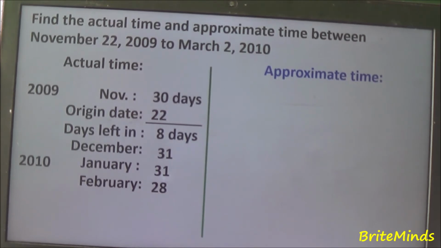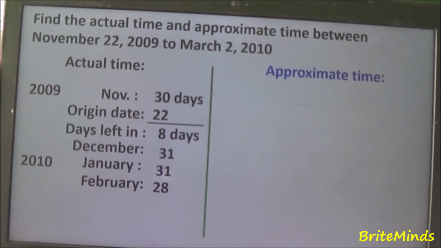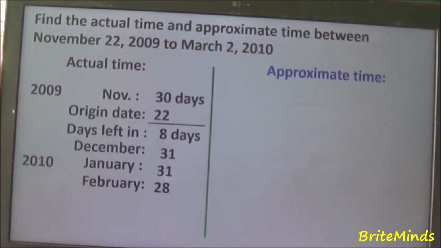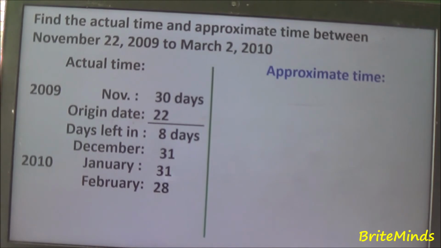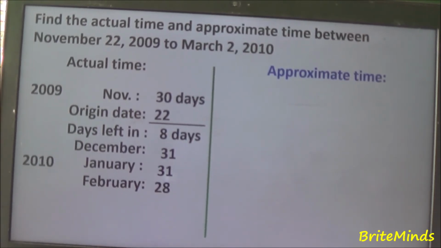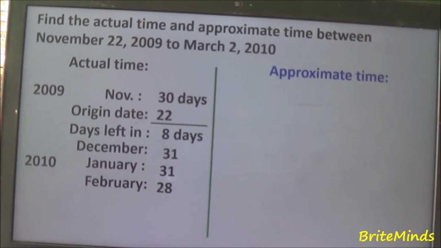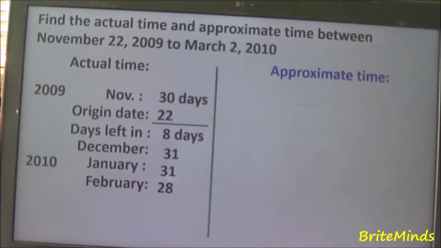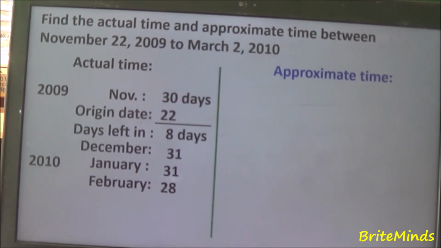Remember the last 2 digits of the year. Like in the example here, 2010. 10 is not divisible by 4. So if it is not divisible by 4, it means February has an ordinary number of days, so 28 days only. And then March 2.